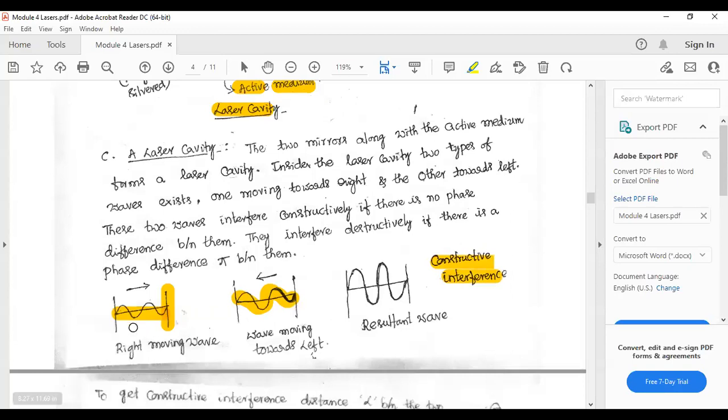I hope you know the meaning of constructive interference. Constructive interference means the crest of light moving towards the right should match with the crest of light moving towards the left. Then the amplitude will become more. This condition is very much required.